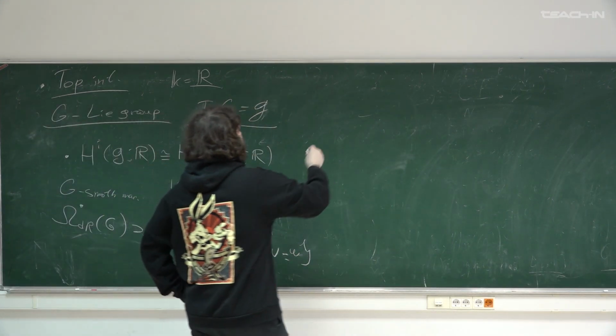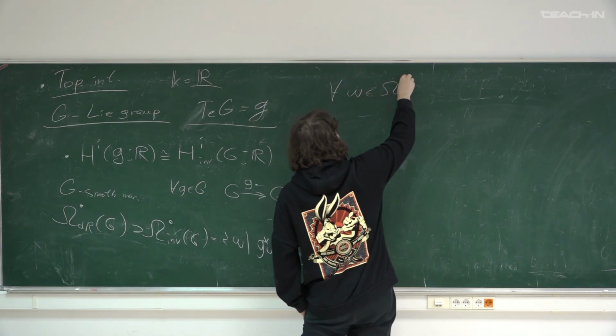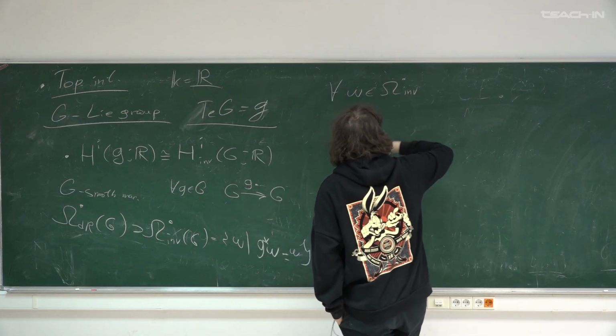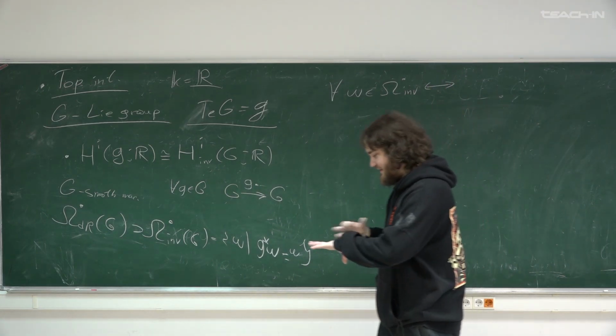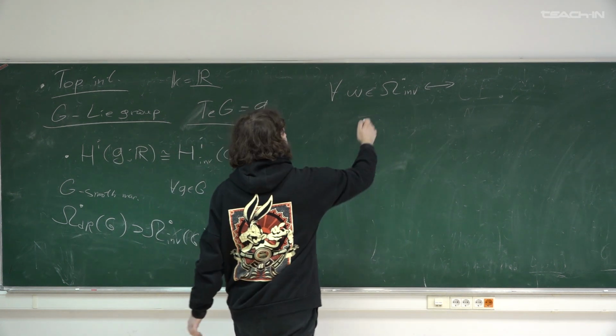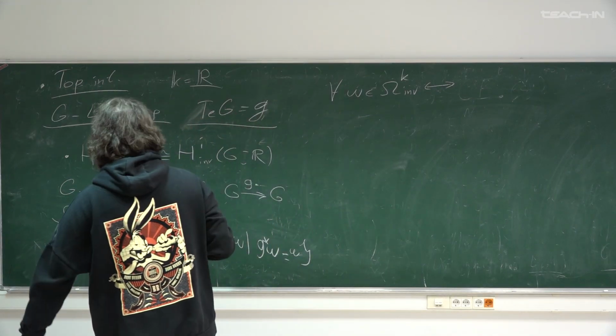But it's obvious that any invariant form is uniquely defined by its form. It's just skew symmetric, for example, a k-linear form on the tangent space at each point.